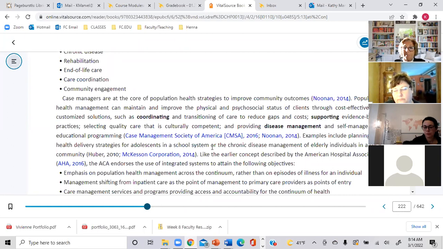And even if they didn't have the funds or the insurance that would allow them to have home rehab, I would also outsource to outpatient rehab. Well, there you go. So there's a case manager. Jocelyn just explained to everybody what the role of case management is in her setting.